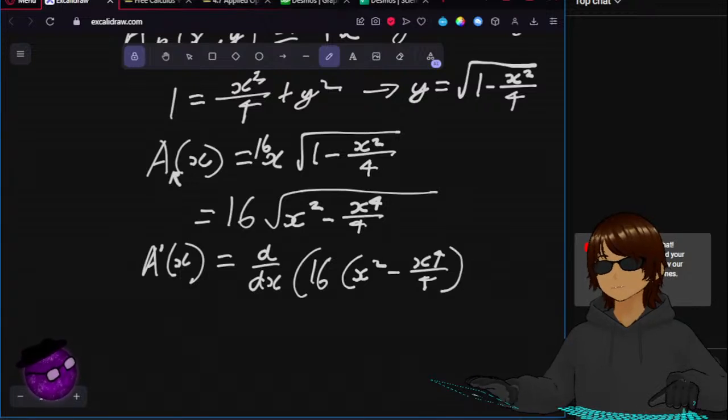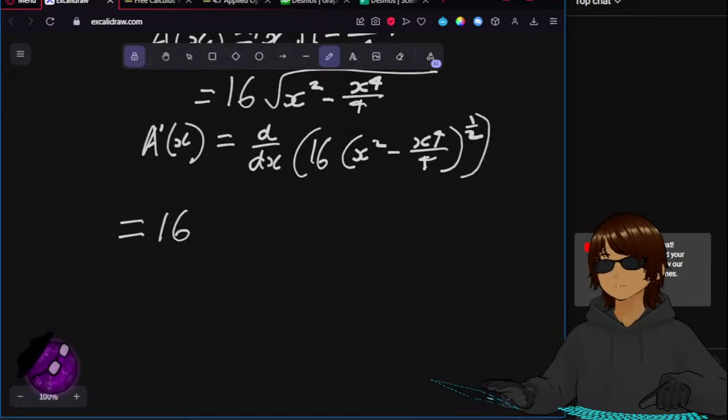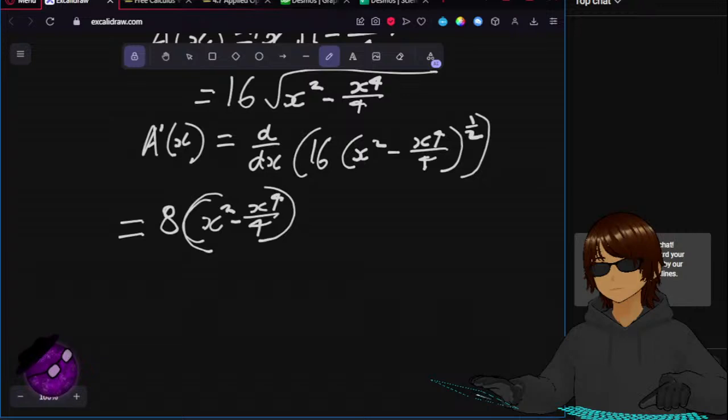So this is the derivative of the outside. If I put half out, this would be 8, times the derivative of the inside, which is 2x minus x cubed.